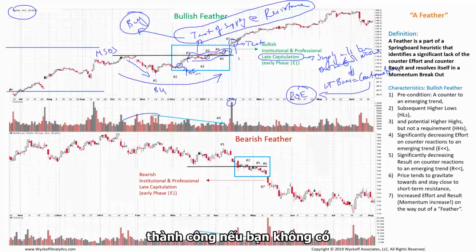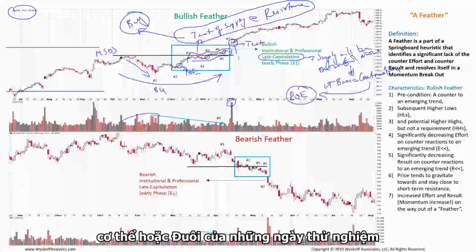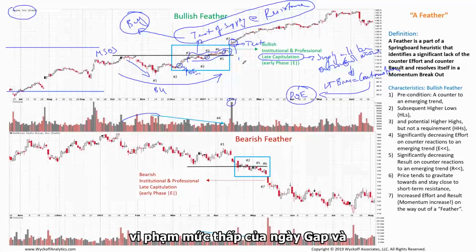If your test is successful, if you don't have the bodies or the tails of the testing days violating the low of the gap day, and they don't go too much into the gap, most likely there's going to be some kind of continuation.